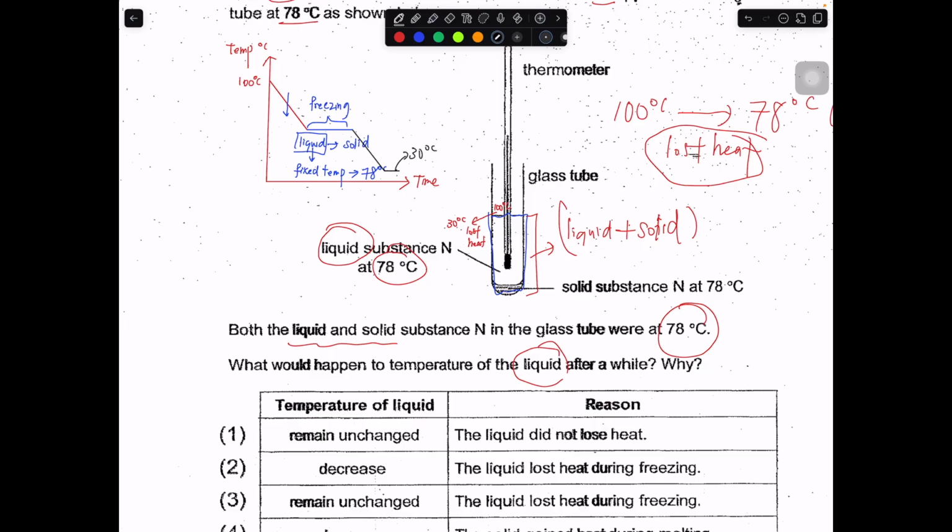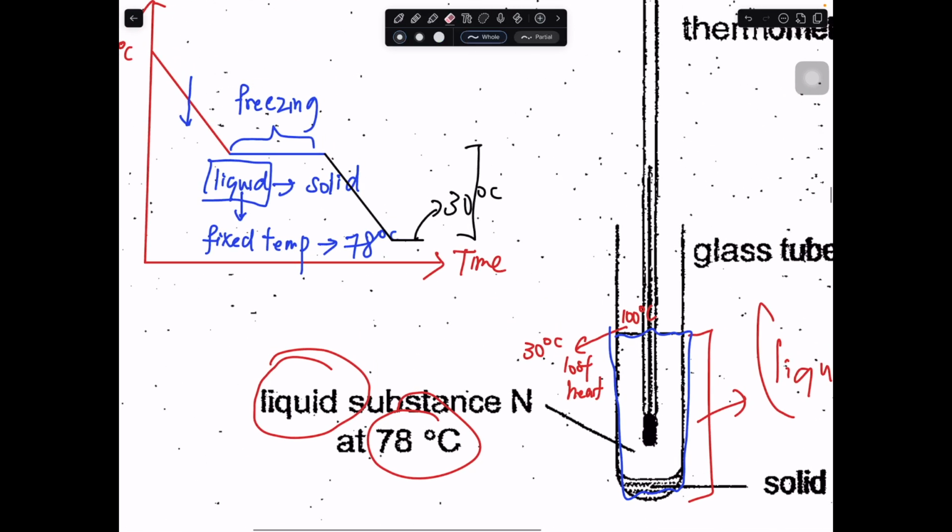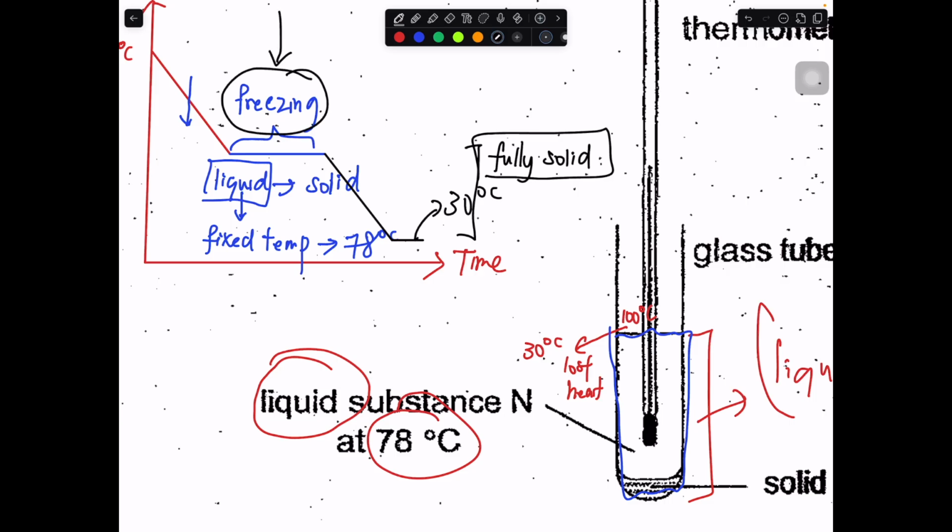This black part will be fully solid, because the freezing has completed. But the question is actually asking about this blue part over here. So it is continuous. It is happening.